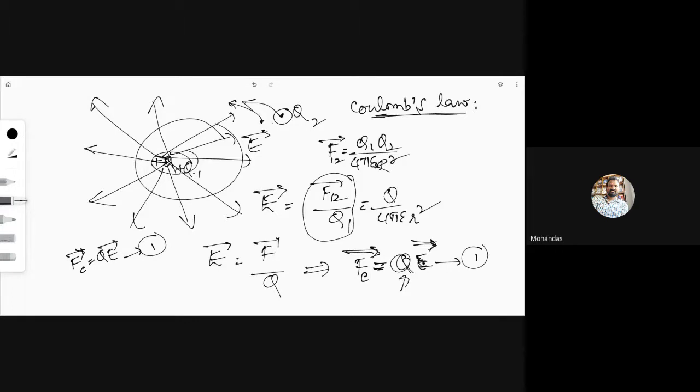So even though the charge is at rest or in motion, in the presence of which field, is it electric field or magnetic field? In the presence of an electric field, there is a force. That force equals Q into E. This is related to the electric field.